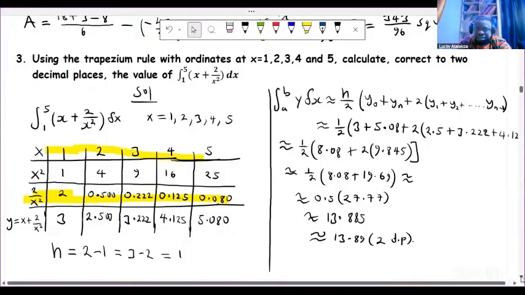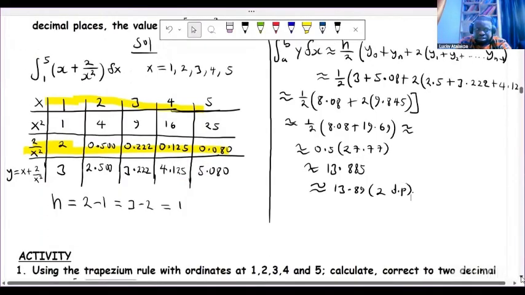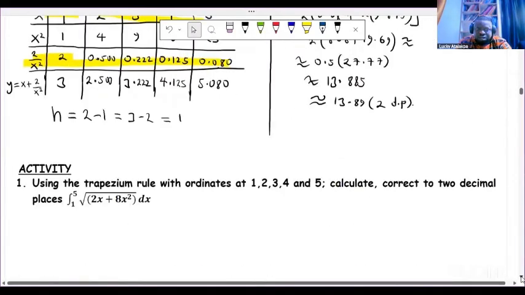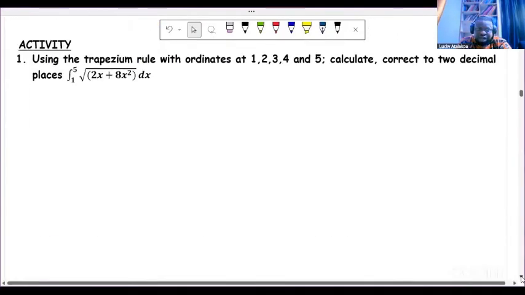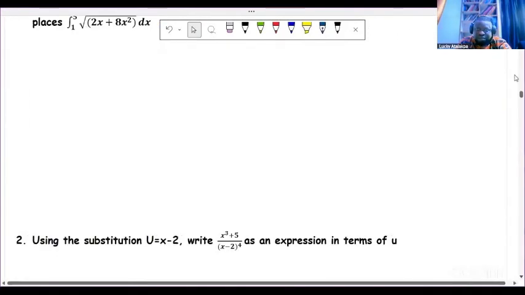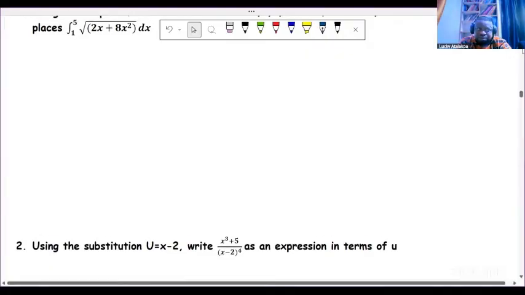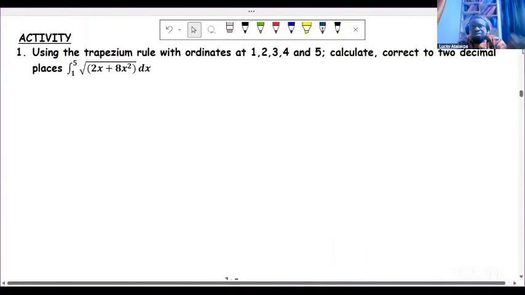All right. So here is an activity for you to try out. We have 2 questions here. All right, you can write out the question.